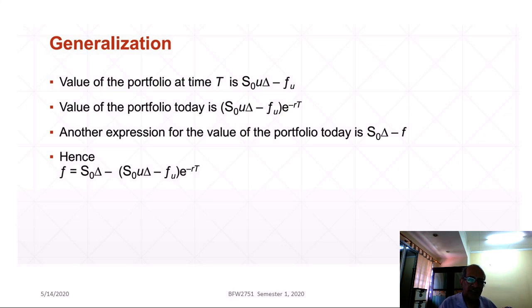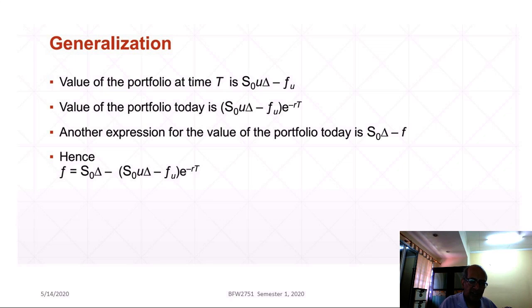The generalization of this portfolio at time t is S0 up times delta minus the up function here. Now the value of the portfolio today is what you get when you discount the whole thing, that's e to the power of minus RT. So another expression of this value is S0 delta minus the value F, whether it's up or down.